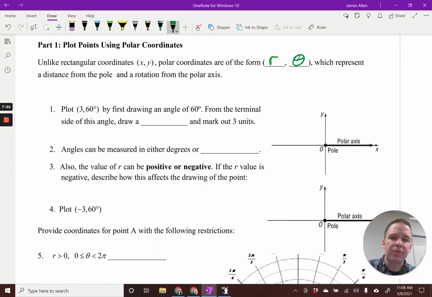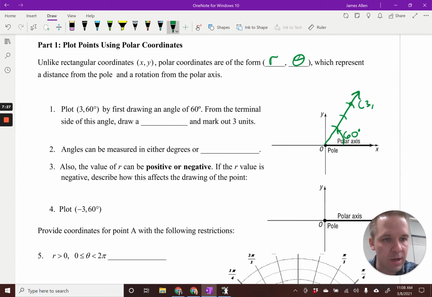So we want to plot 3, comma 60 by first drawing an angle of 60 degrees. Okay, so we have an angle of 60 degrees. That'll look something like that. I'll say that this guy is 60 degrees. Cool. And then 3 for my radius, that'd be 3 units out. So let's just say that this is 1, 2, 3.